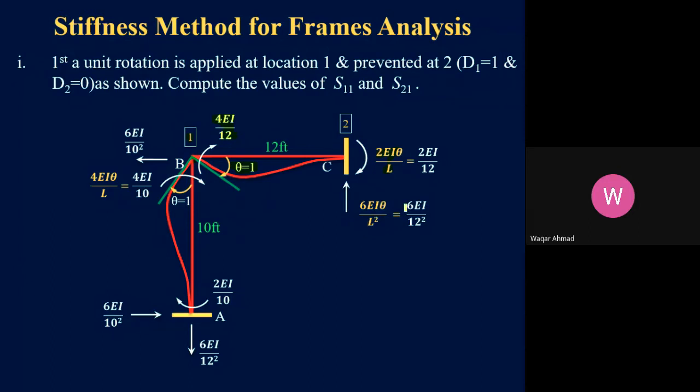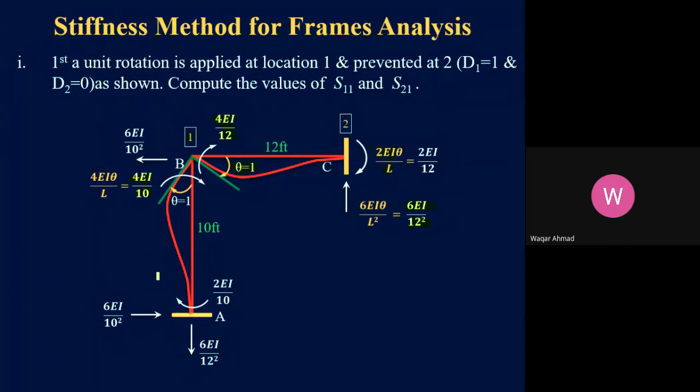As theta is equal to 1, this becomes 6 times EI divided by 12 square, which is the length of this member. Similarly, the moment induced here at the near end is 4EI over 10, as the length of the member is 10, and at the far end it is 2EI over 10. Similarly, these reactions are 6 times EI theta divided by L square, which is 10 square in this case.